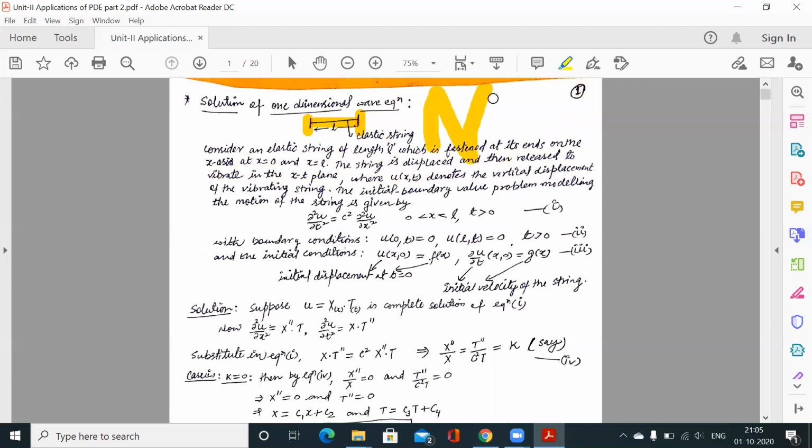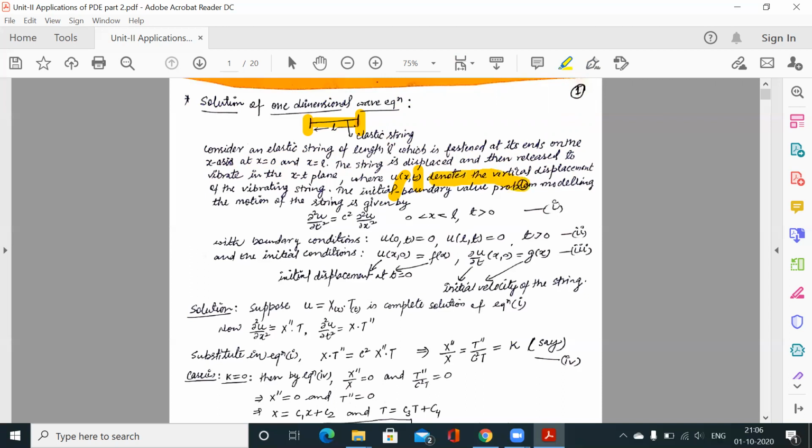Initially the vibrations are faster, taking long values on the y-axis. Then after some time it will be like this, and after some more time like this, small jumps. So it is a function of two variables, the length x and the time. This is the basic concept behind the wave equation, how it is generated.